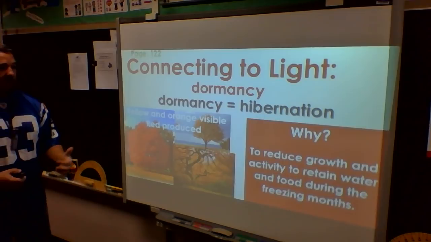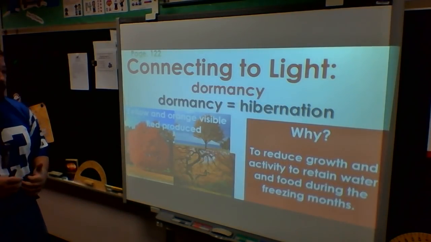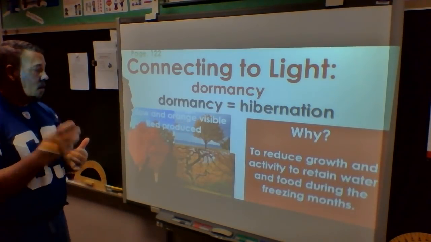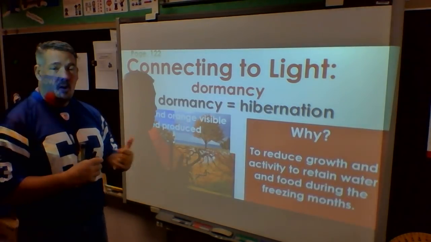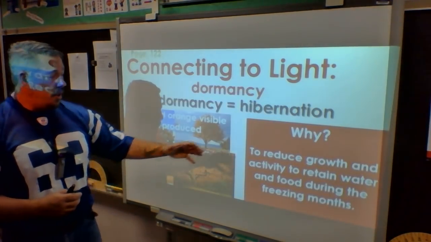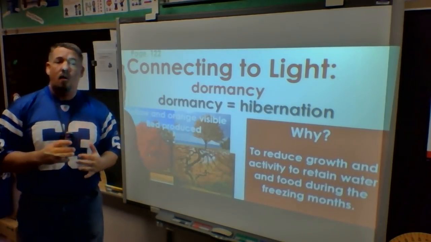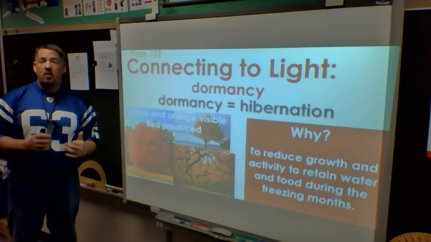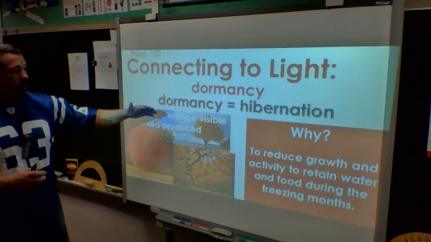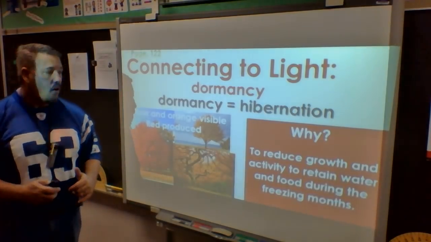Well, if those trees were going to continue to be exposed in the wintertime to all of the different temperatures, that transpiration where the water is leaving the leaves is going to end up killing it. So they are going to hibernate just like the animals. They're going to reduce their amount of growth, they're going to reduce their amount of activity, and they're going to hibernate or go dormant throughout that frozen period of our winter.